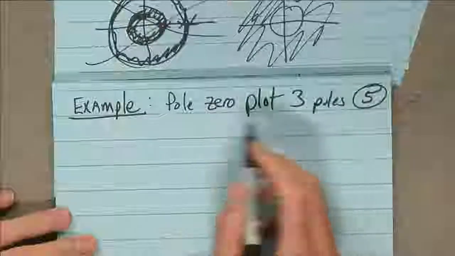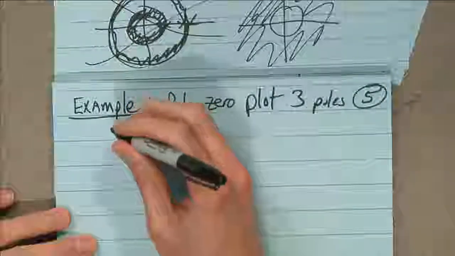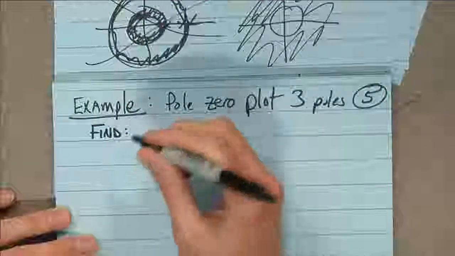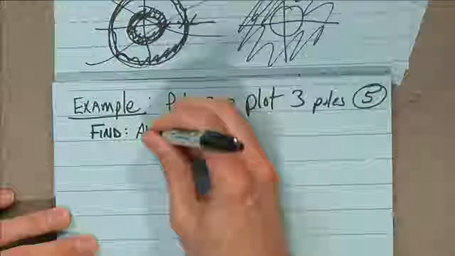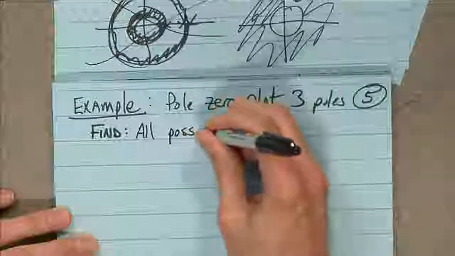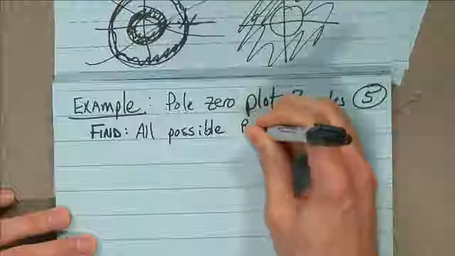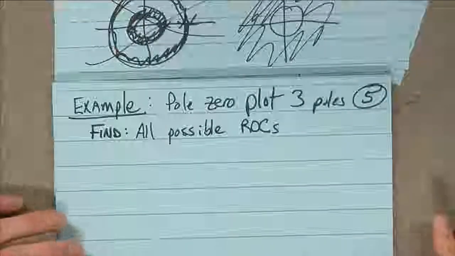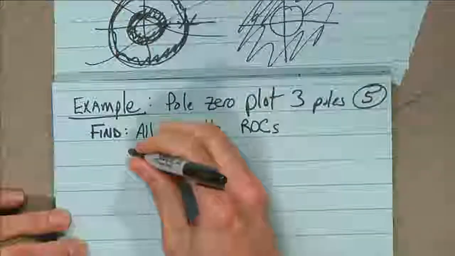So given this, I just want to put a find on here so you can remember what we're doing. All possible ROCs. So let's start out with our given here.